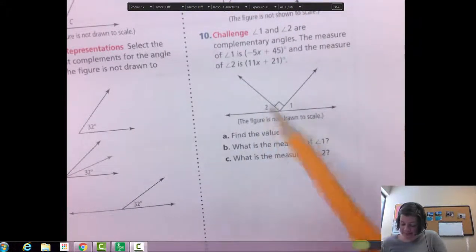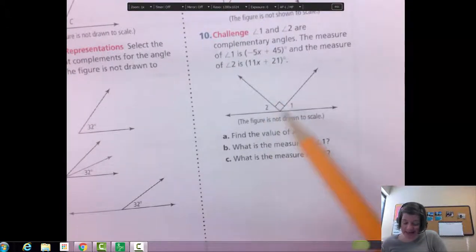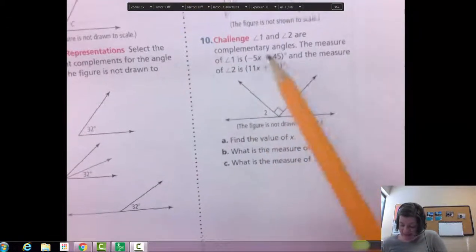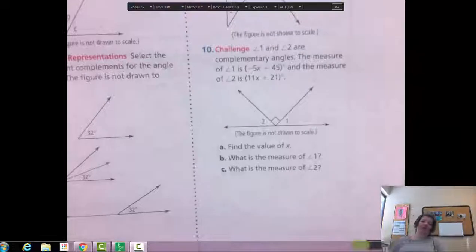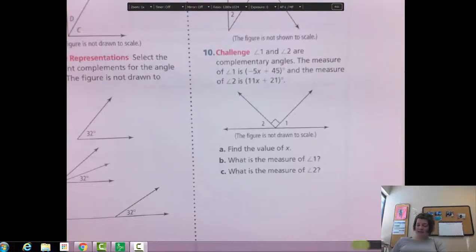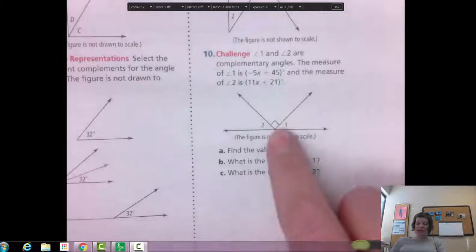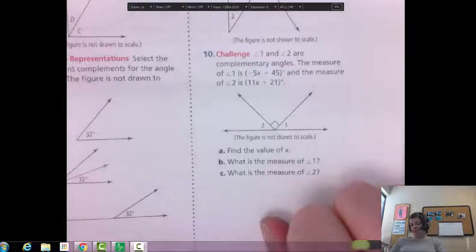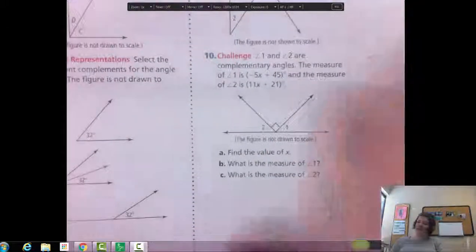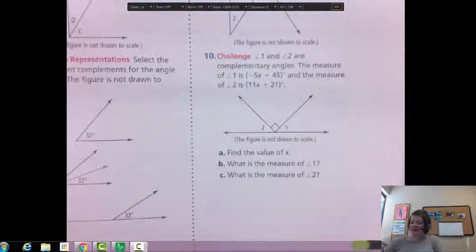Well, if that one's 90, these two have to add to 90, and they give you 1 and 2, and you can calculate that from there. So that's kind of how you do that challenge one. Do 1 plus 2 plus 90 has to equal 180, or however you want to think of it. You could do that a couple different ways.